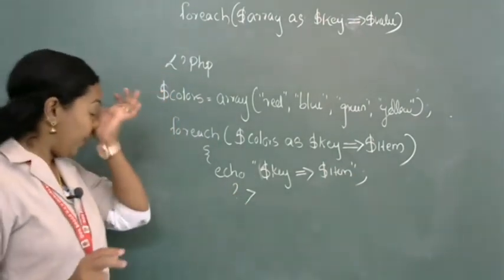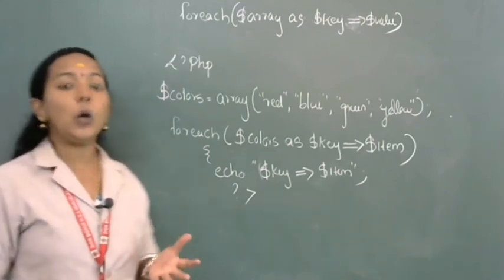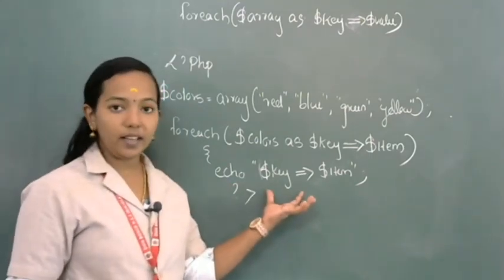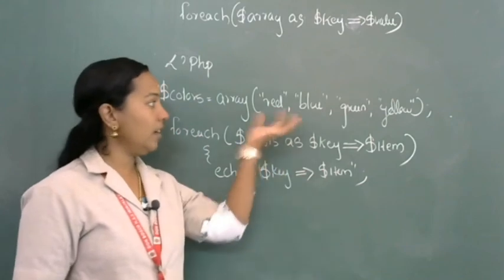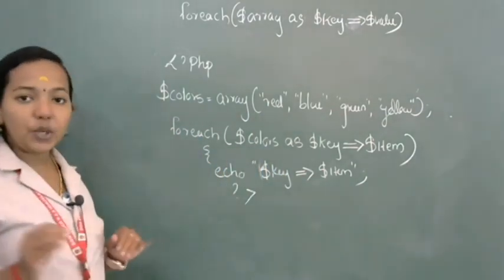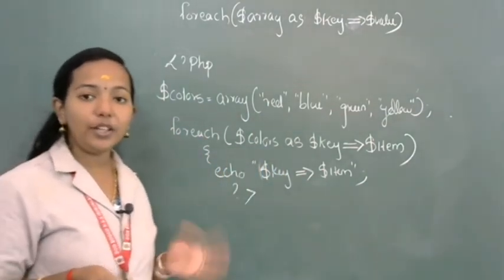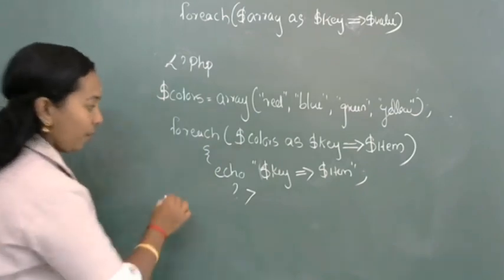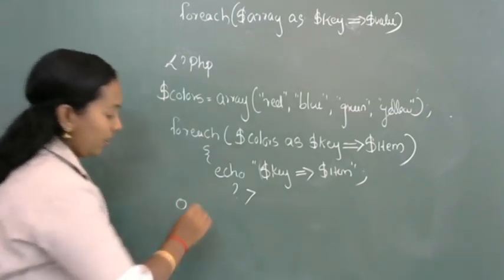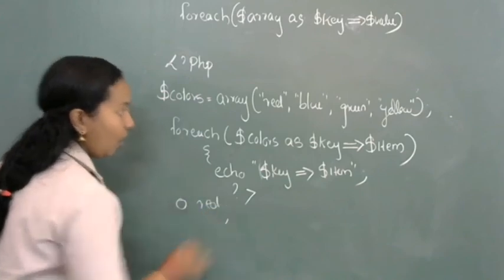Then if we write like this, what will be the output? First we will get the key. Here the first item is red. What will be the key of red? 0, red, comma, next one.